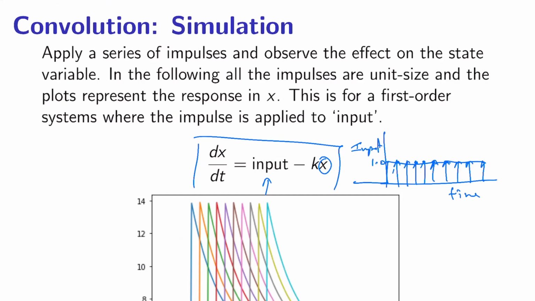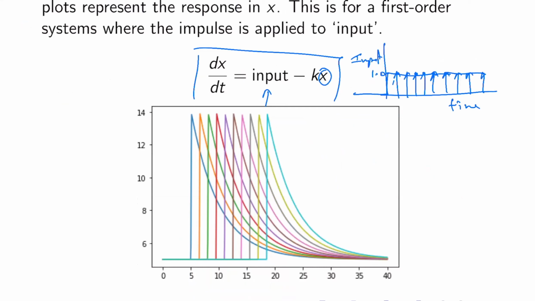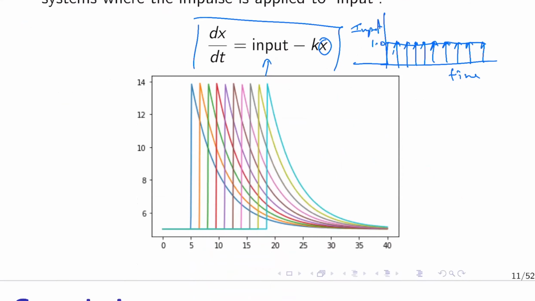I've got a few of the responses here. This is time down here on the x-axis, and this is the response in x. We get this impulse: the system gets an input for a moment, and then what you see is an exponential decay in the value of x.